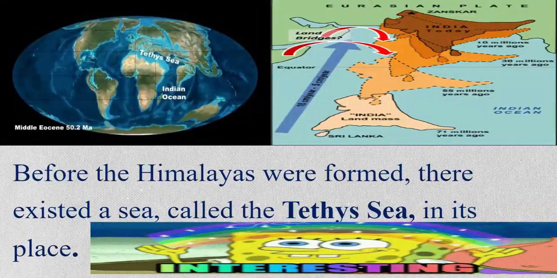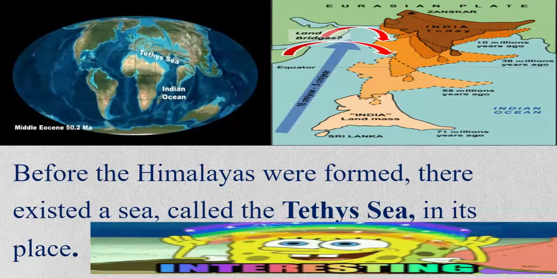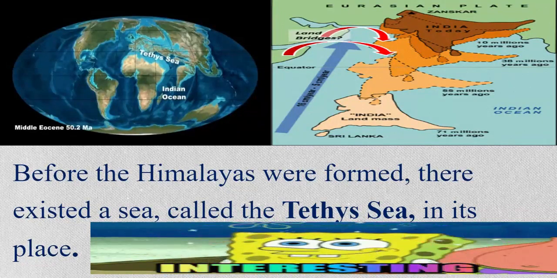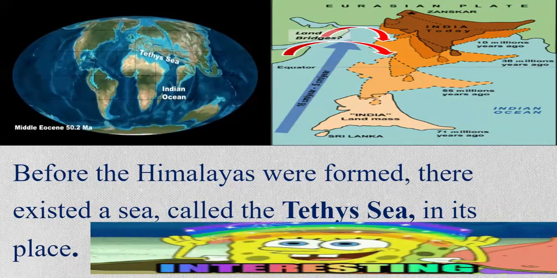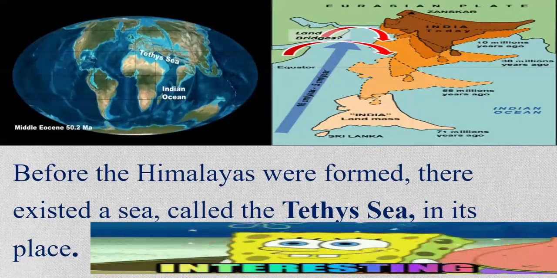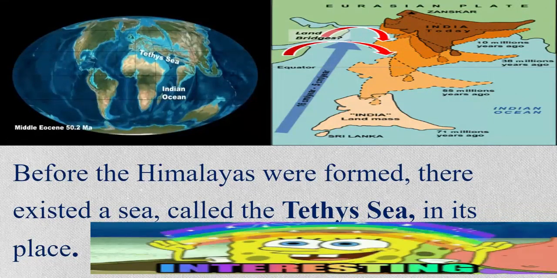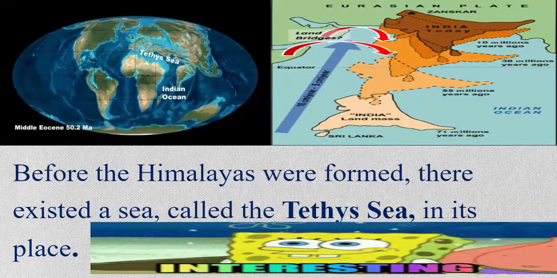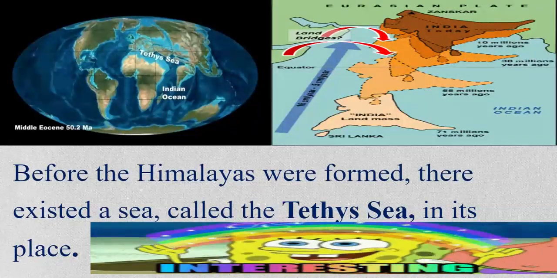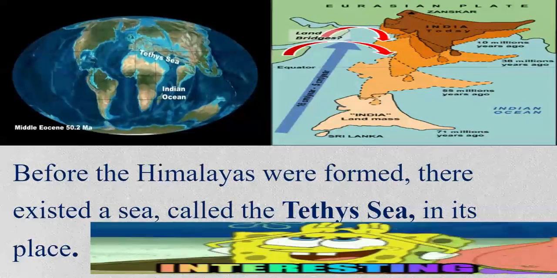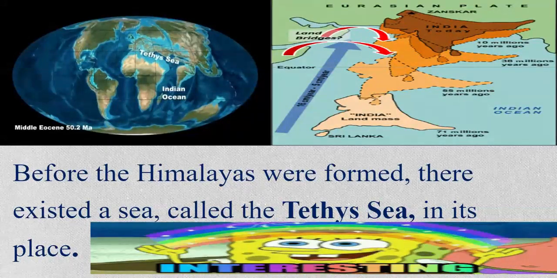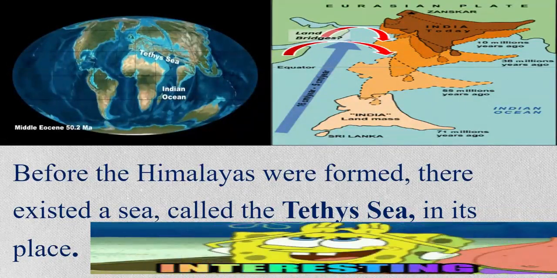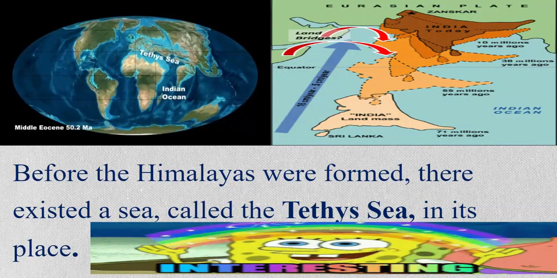You must learn this fact. Before the Himalayas were formed, there existed a sea called the Tethys Sea in its place. So, the right hand side image is showing you how the Himalayas are formed and what is the relation between Tethys Sea and the Himalayas. Let's move further.